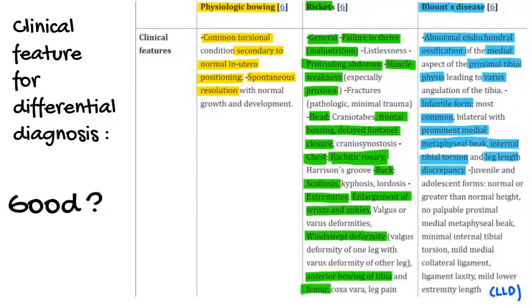For Blount disease, among the clinical features, Blount disease is an abnormal endochondral ossification of the medial aspect of the proximal tibial physis leading to varus angulation of the tibia. Infantile form is the most common, bilateral with prominent medial metaphyseal beak, internal tibial torsion, and leg length discrepancy.